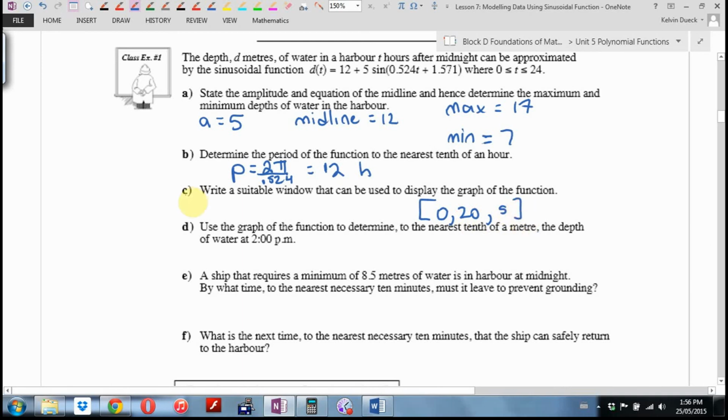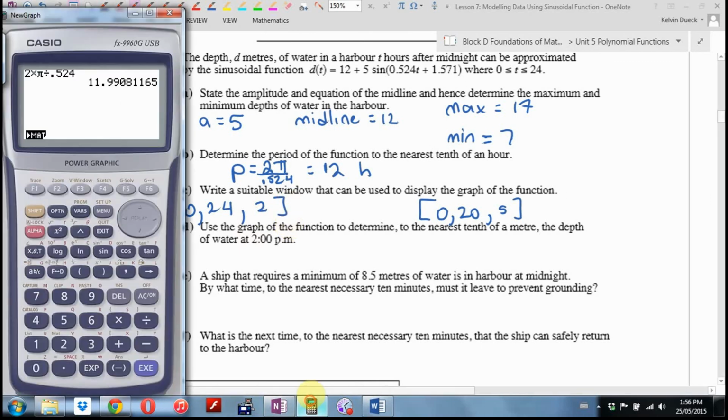What about my x value? Well, I would start from 0. How long is one full period? How many hours? 12? You know what? We could go from 0 to 12, but what would make more sense if we wanted to do a whole day? 24-hour day. Each hash mark be every, what, 2 hours maybe?